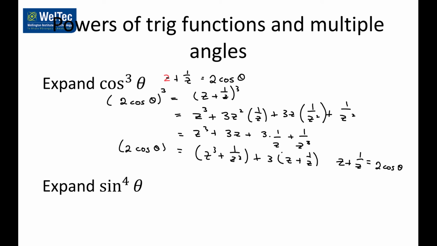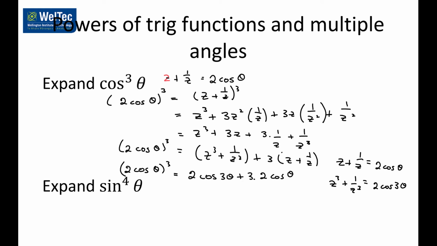And we also know that z cubed plus 1 over z cubed must be equal to 2 cos 3 theta, just by substitution. So now we've got that 2 cos theta cubed equals 2 cos 3 theta plus 3 times 2 cos theta.